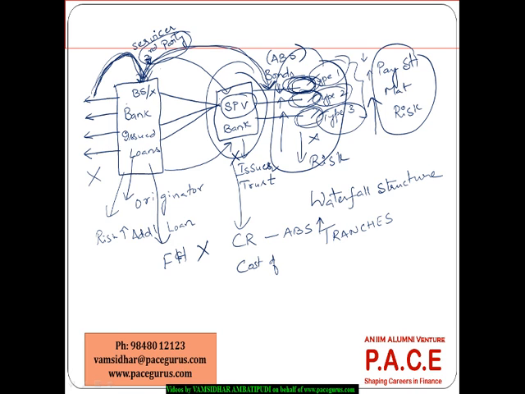So that's how securitization has created a lot of inroads into the current financial world, and it is becoming an inevitable portion of the majority of financial transactions. All right.